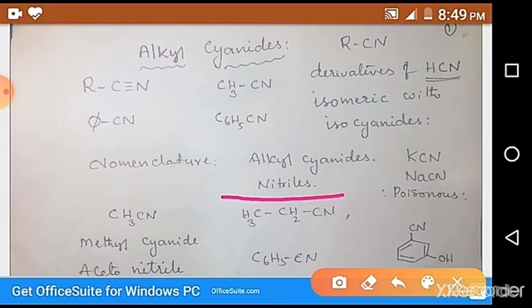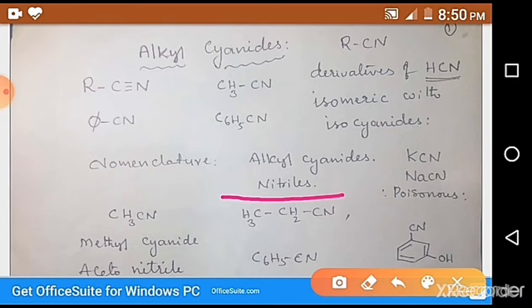Cyanoalkanes or nitriles, alkyl nitriles. Generally, on hydrolysis, these cyanides give acids. That's why we name these compounds as acid: we name the acid, remove the ic, add o, followed by nitrile. We will see the example.